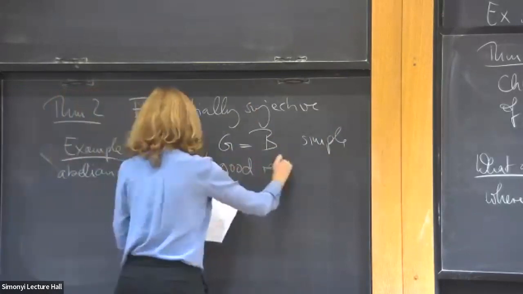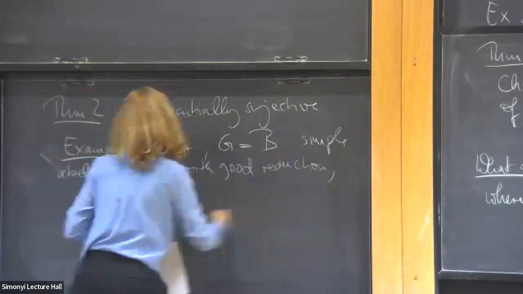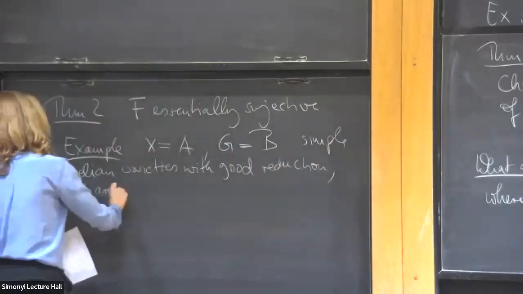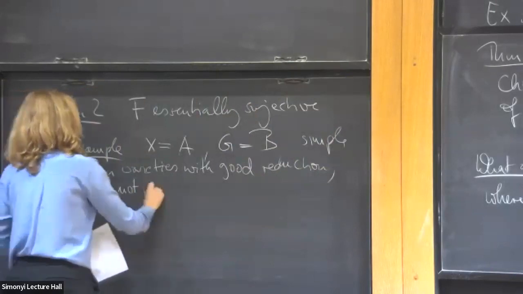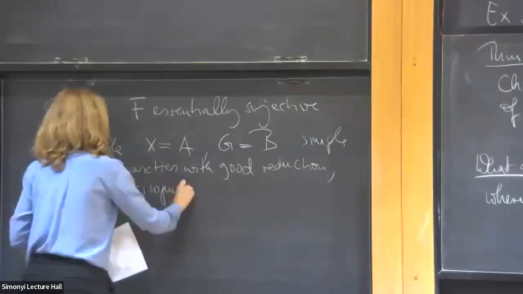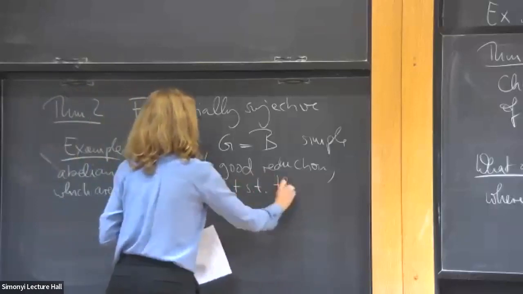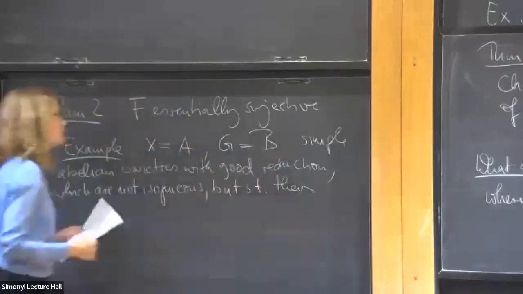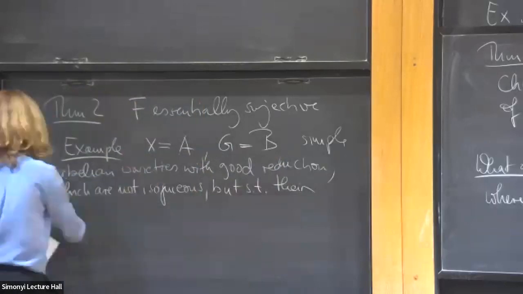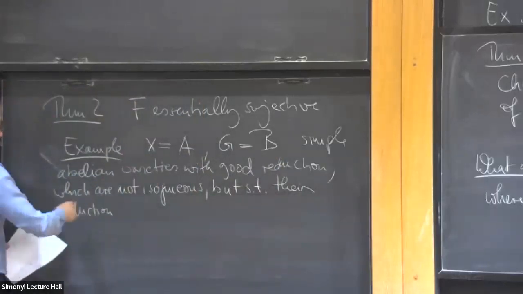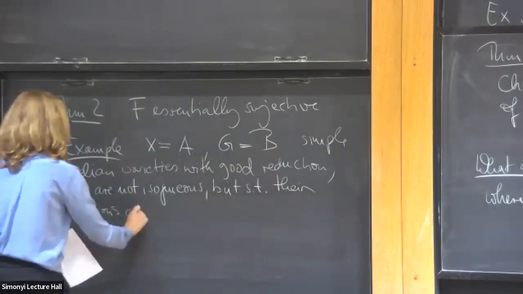Good reduction, which are not isogenous, but such that their reductions, I mean, you have an abelian scheme, and the reductions are abelian varieties in positive characteristic, and you assume that the reductions are isogenous.